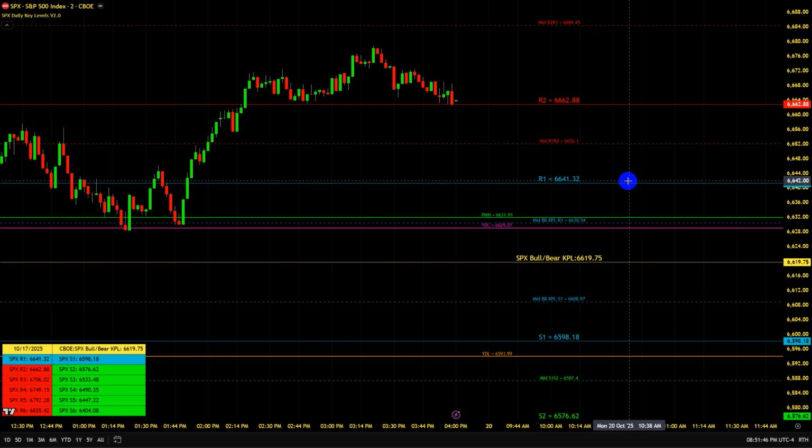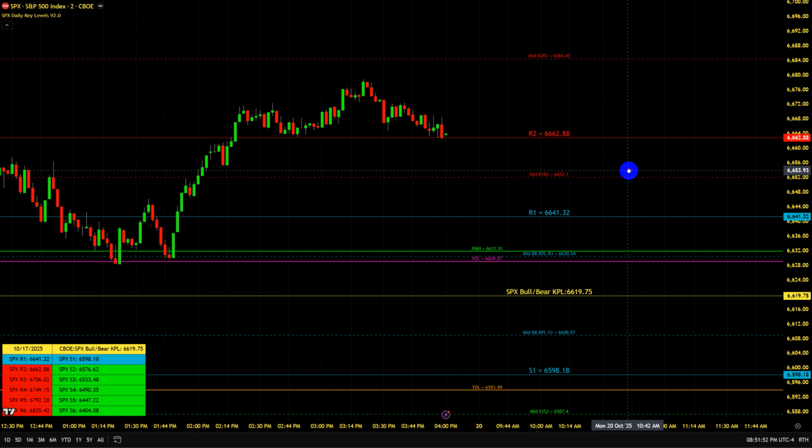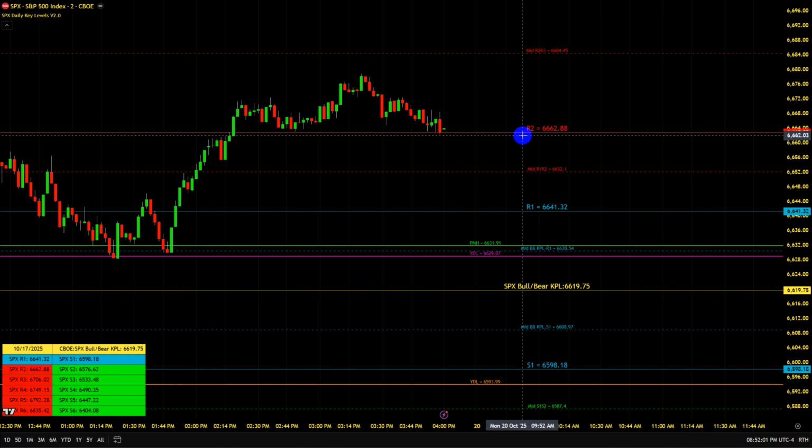And it works the same off of each one of these levels. So just to go over, I'll go over two more examples here. We're not going to go over every single level because it's basically the same thing on all the other levels, but we'll go over R2 and S2 now. So if you were taking a bullish trade off of R2, then the closest strike to that is going to be the 6660 call. So that would be your standard option play.